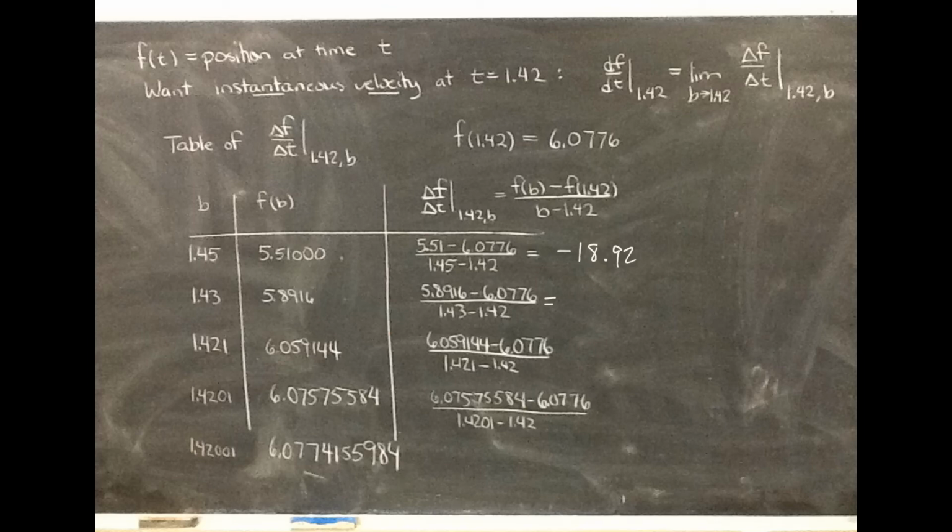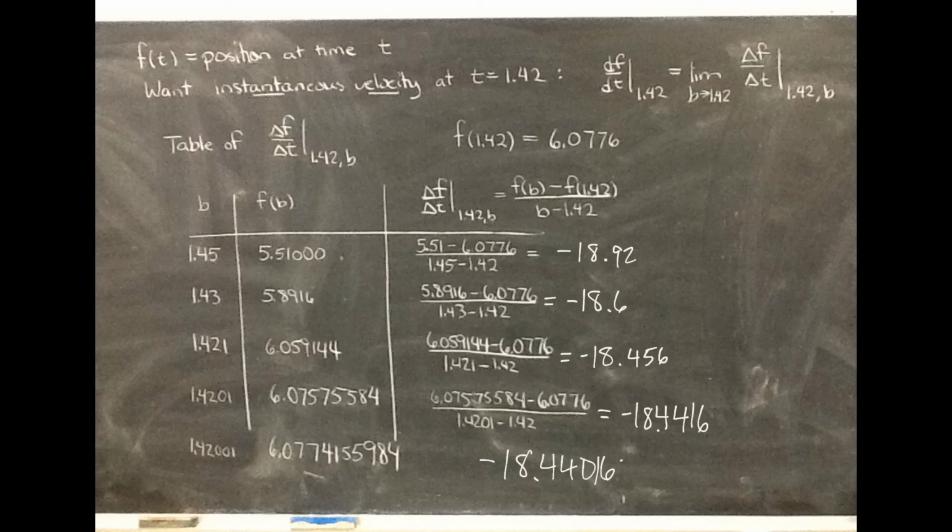My second value, negative 18.6 exactly. Then negative 18.456. And then negative 18.4416. And I didn't write down the fraction on this next one, but when I calculate, negative 18.44016.